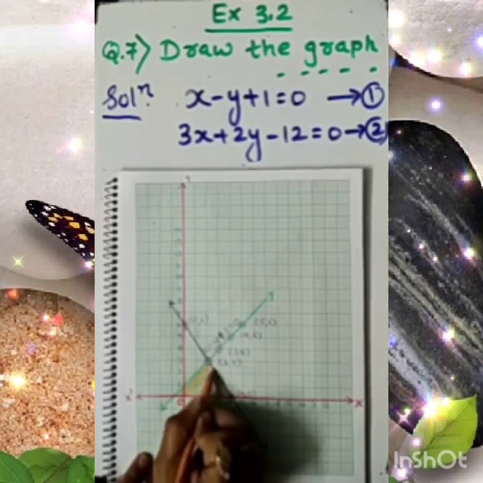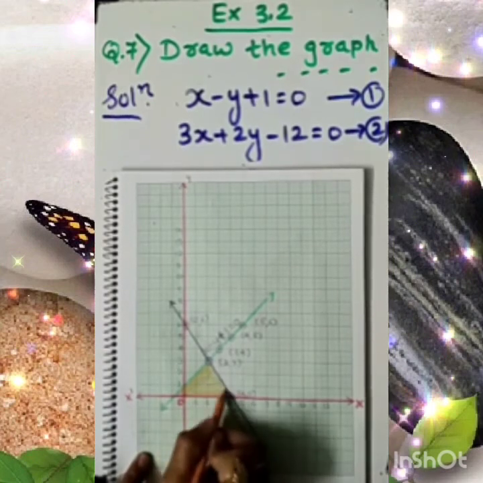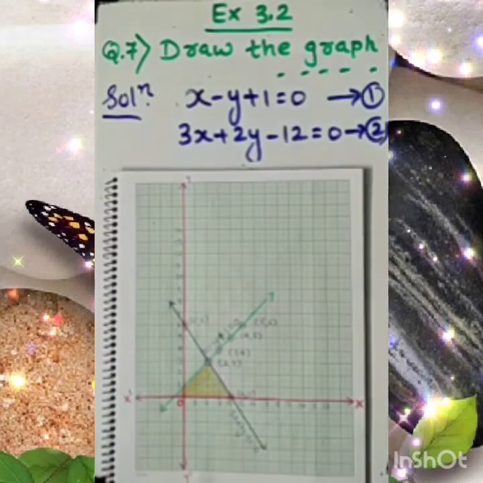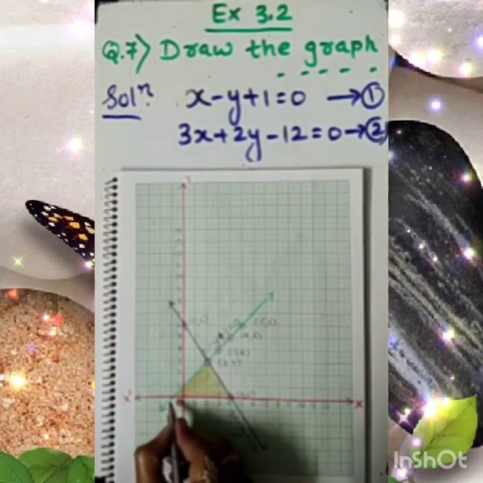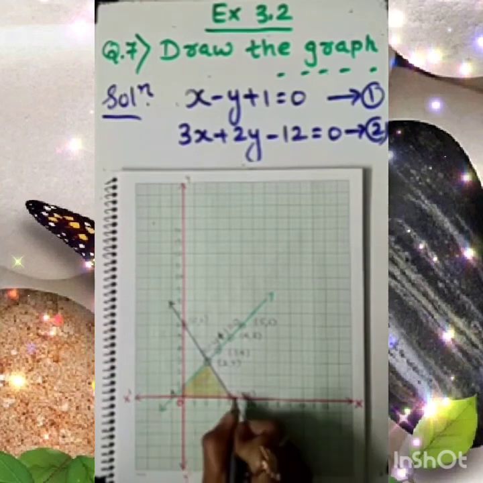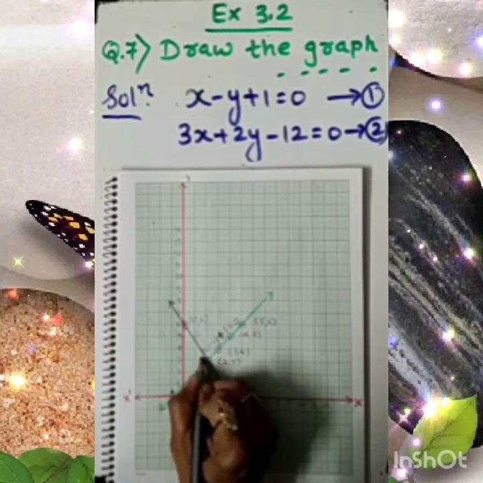You can see on your screen, this triangular portion has three vertices, right? First, suppose I am calling this triangle ABC. Then this point I am calling A, this will be B, and of course this is the C point.